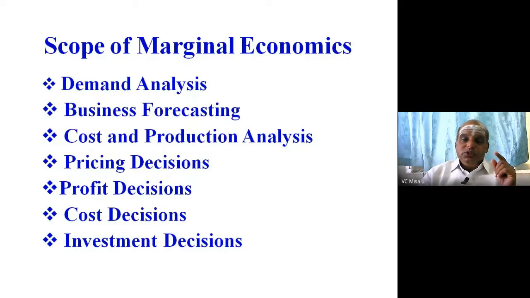The efficiency must be there. What is the efficiency? Efficiency is the productivity. What is the productivity? It is the ratio between input and output. So what is the ratio? The input, minimum input, maximum output. This is the productivity. Minimum input and maximum output. So this is the important concept.